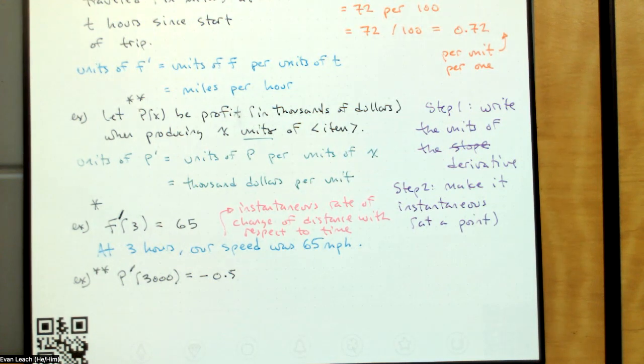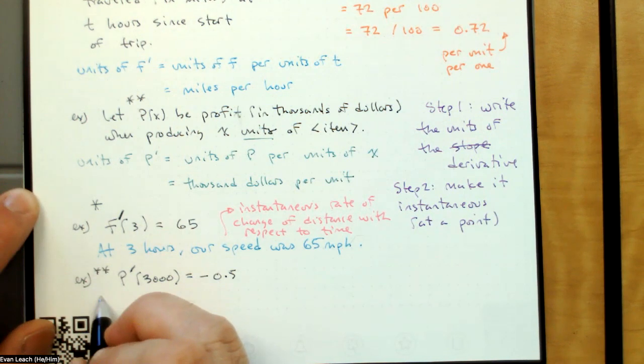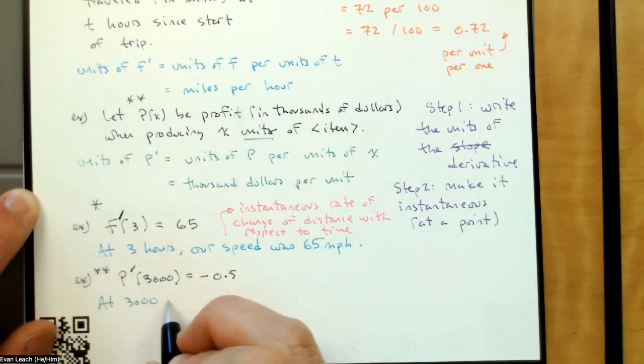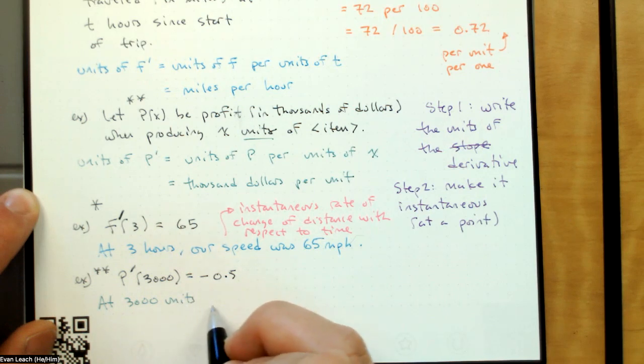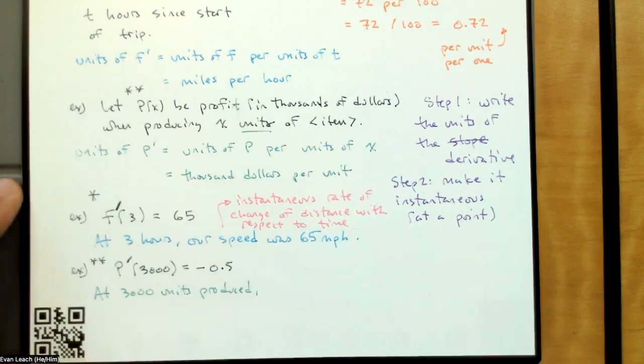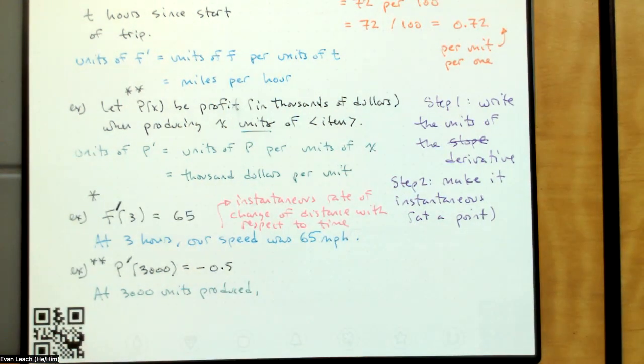This would say at a production of 3,000 units, because that's what the input represents, our profit will be decreasing by 0.5, that's really excessive, it doesn't matter, by $0.5,000 per unit.